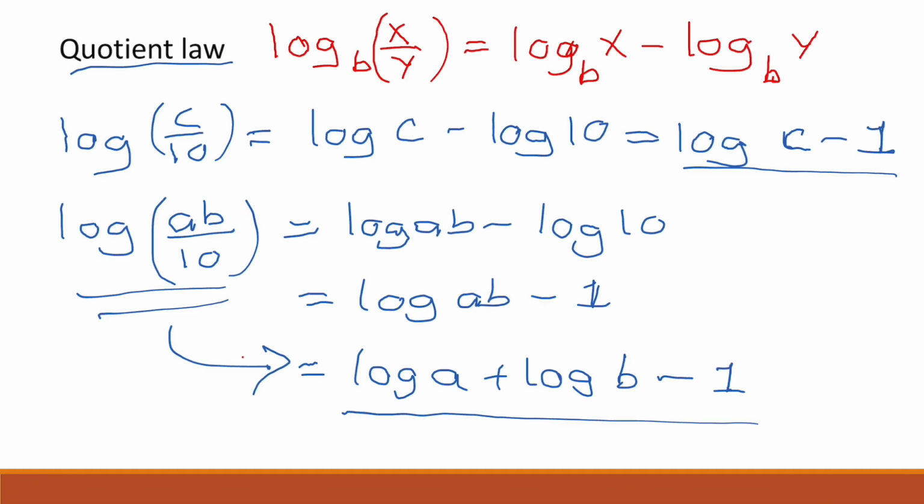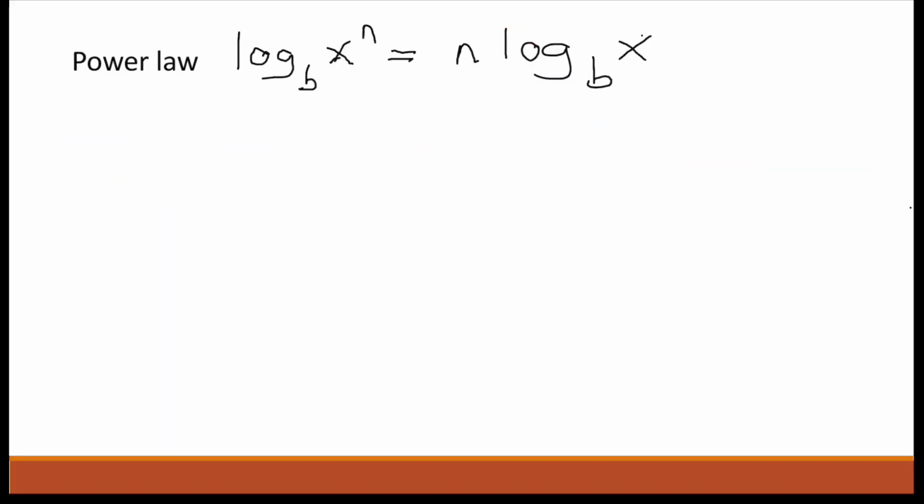Let's move on to the next law. Now the power law is again a very important law. It says that if you have log base b of x to the power n, then the n which is in the exponent can be shifted ahead to get n times log base b of x. For instance, if I have log 49, then I can write this as log 7 squared, and understand that we have the base 10 right here.